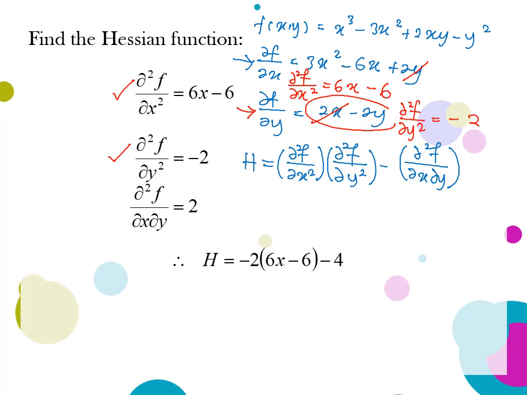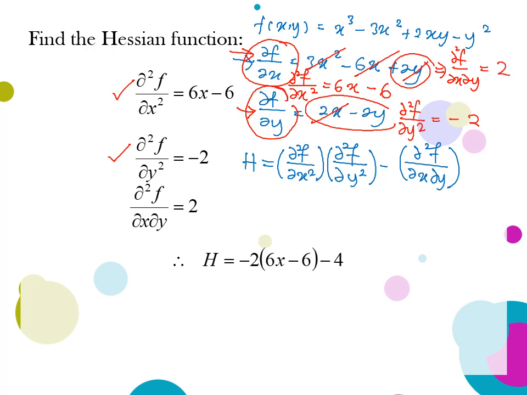So for the mixed function, you can either choose to start from here or from here. It doesn't matter, because if you start from here, you will also get del squared f del x del y. The first will be del x, and then you do the second time by y. So this will be constant, so differentiate this, you get 2.